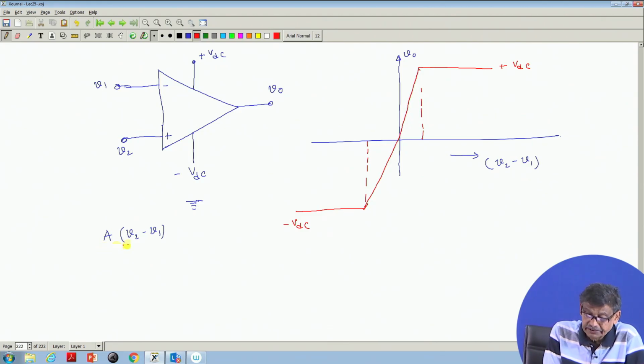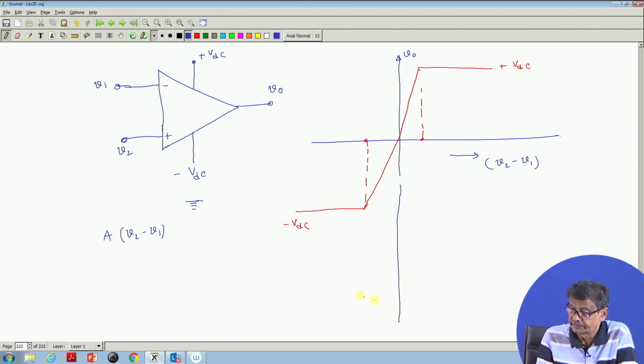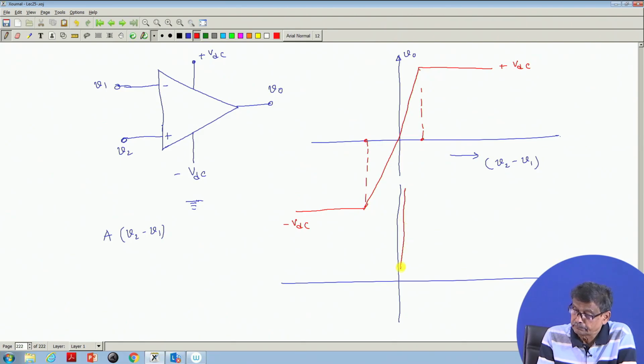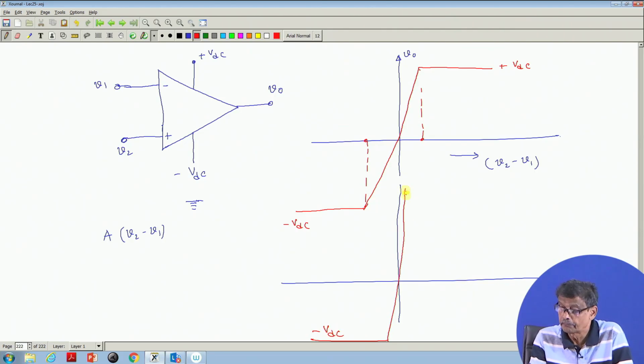This relationship will hold good between these two points, and this curve will be steeper and steeper if the gain is higher and higher. Got the point? Minus VDC, plus VDC.